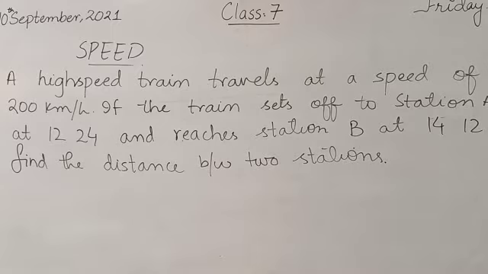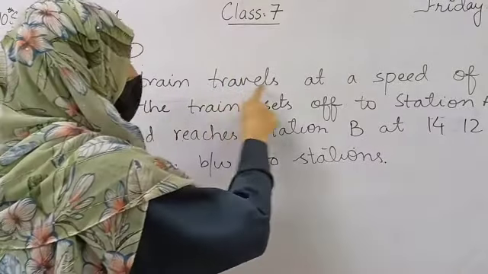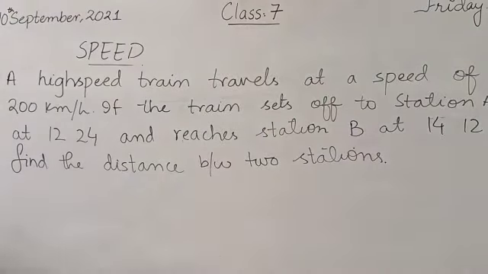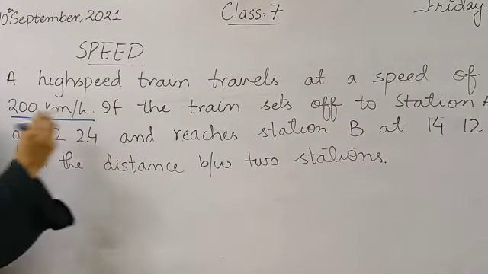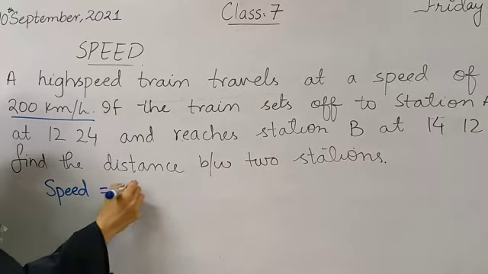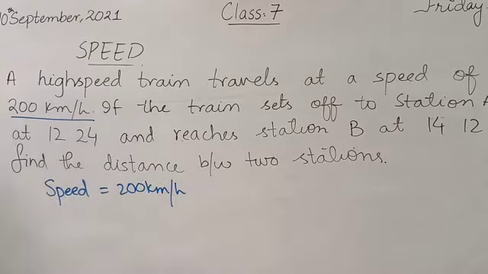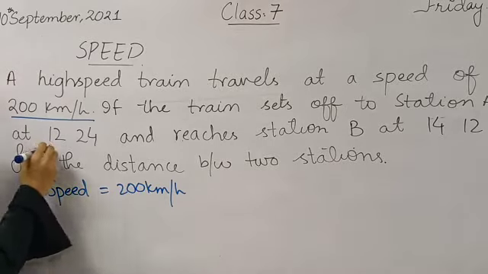Okay, let's highlight what is given in the statement. A high-speed train travels at the speed of. So speed is given. What is speed? 200 km per hour. Okay. Next, if the train sets off to station A, it means the train starts its journey at station A and the time is 12:24.